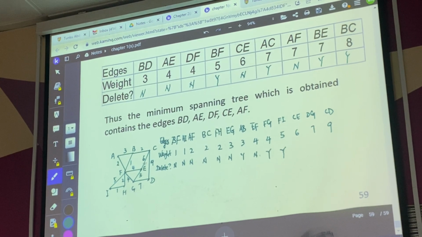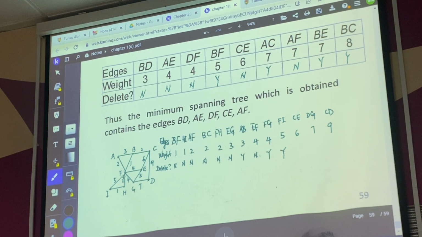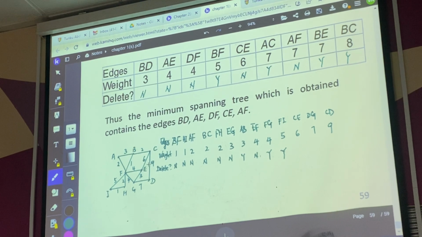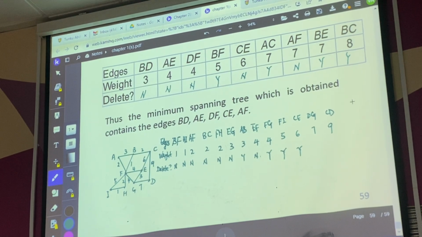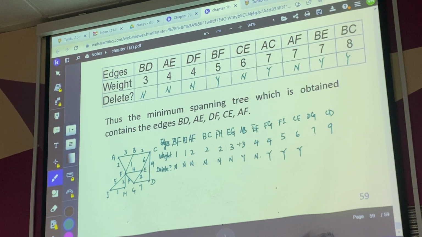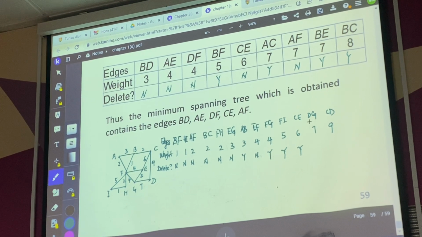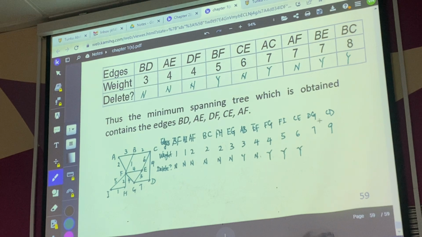CE, can we delete CE? Yes, because we already have BC, DF, FE, right? So we need to delete the CE. Okay? CE need to delete, and then this one, DG, need to delete or not?